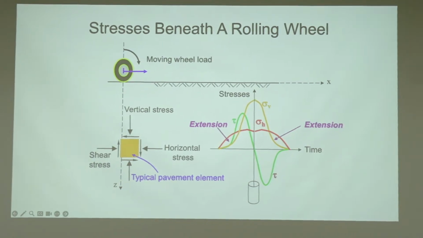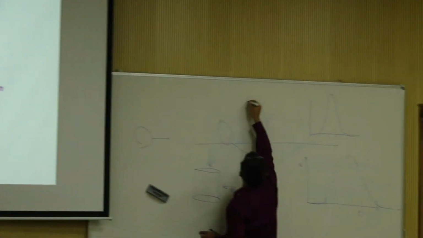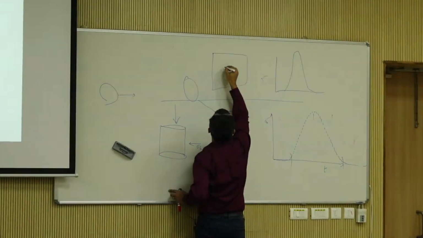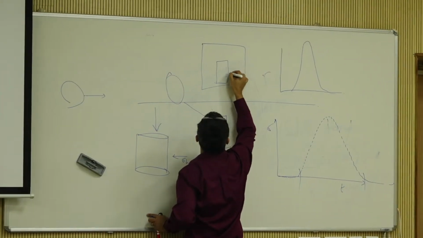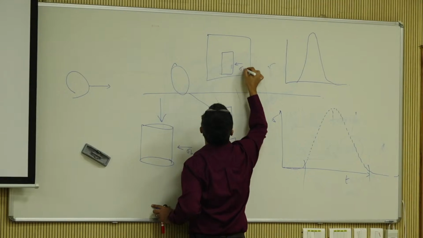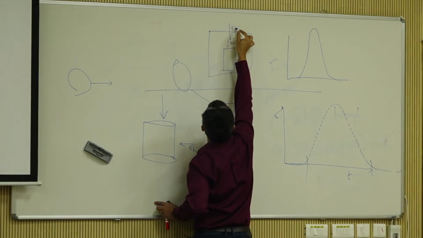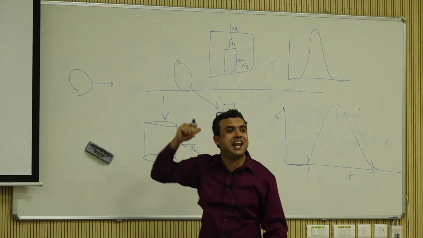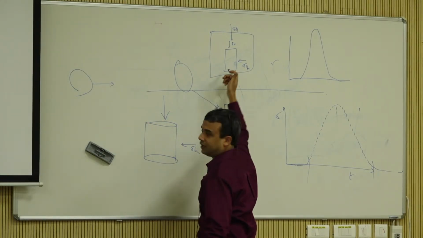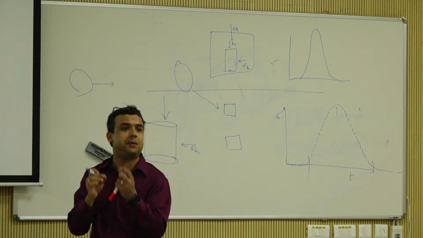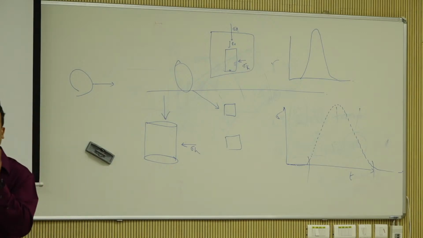Let me draw one more thing for you. So this is the chamber and this is the sample and this is sigma H and this is sigma V, because sigma V has a deviator component as well, right? What is the mathematical relationship in here between sigma H and sigma D in terms of inequalities?